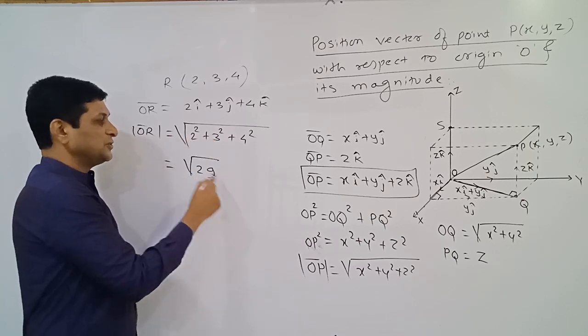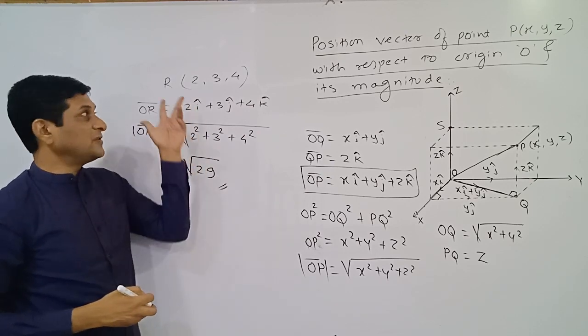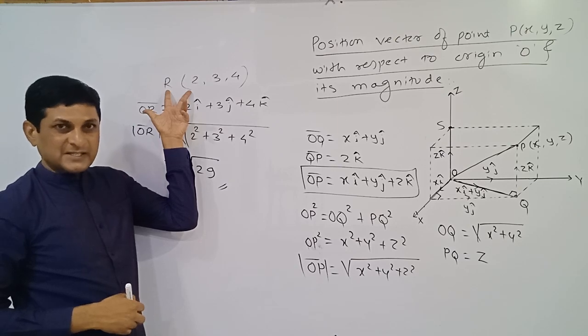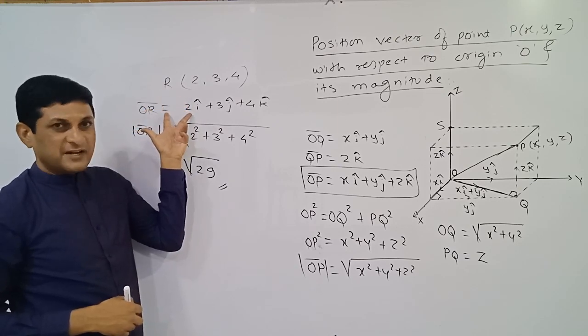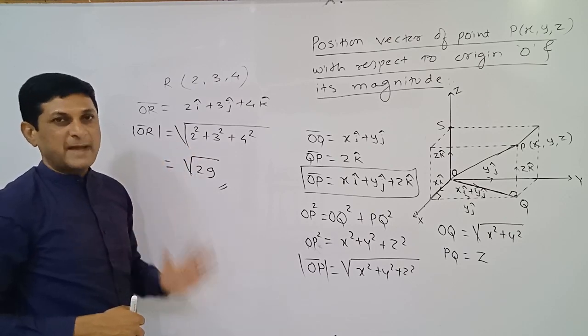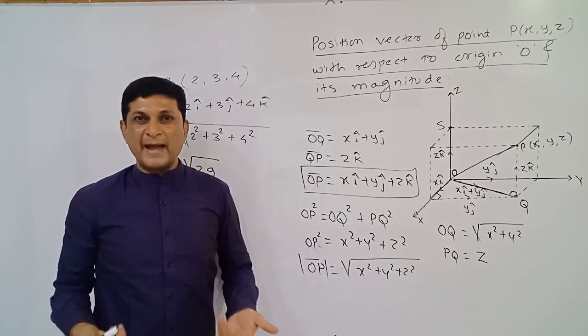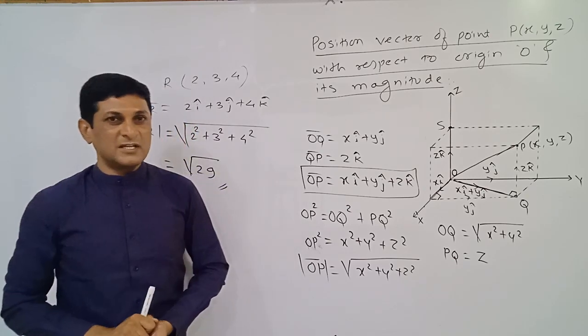So if a point in space is given to us, using this method we define the position vector, and using this method we find its magnitude. Hope the idea about how to find out the position vector and magnitude is known to you.